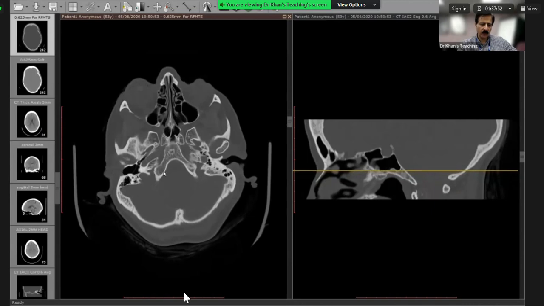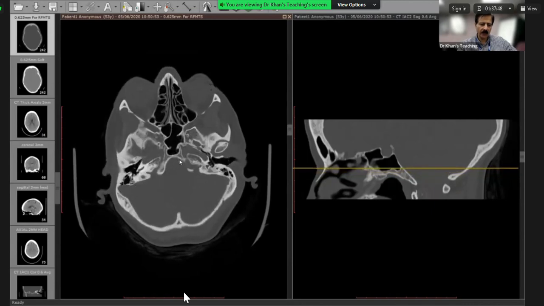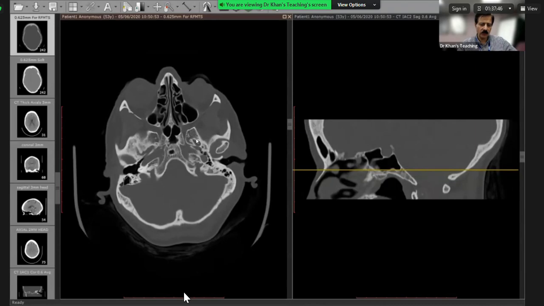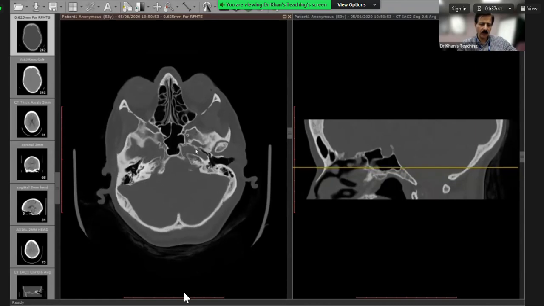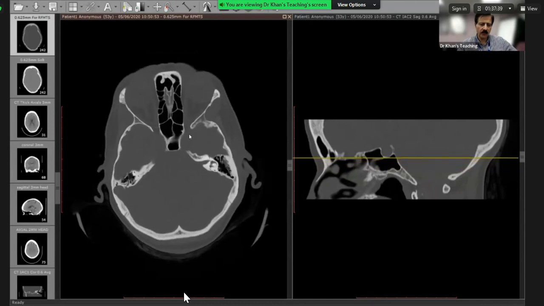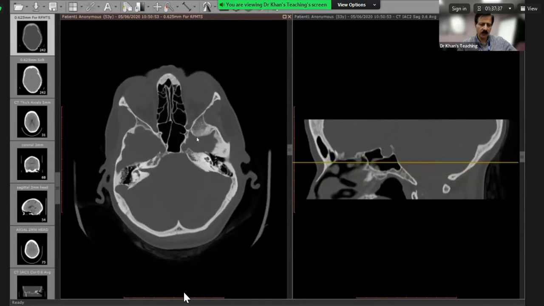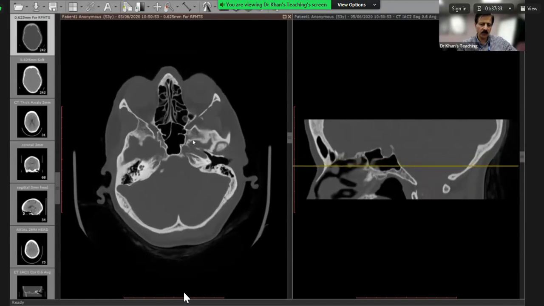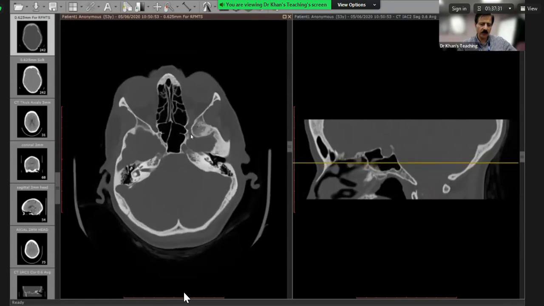Now we will try to see the foramen ovale and spinosum. If you see here, this is the ovale and the spinosum. Now this is the middle cranial fossa. So here, this has to be the foramen rotundum.